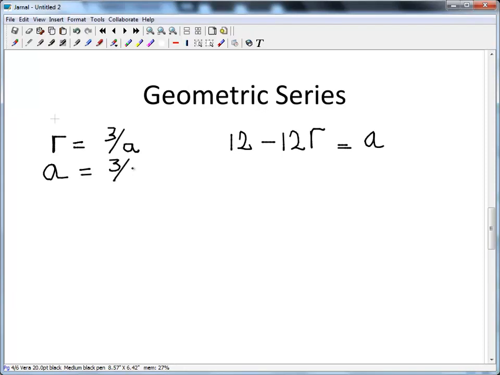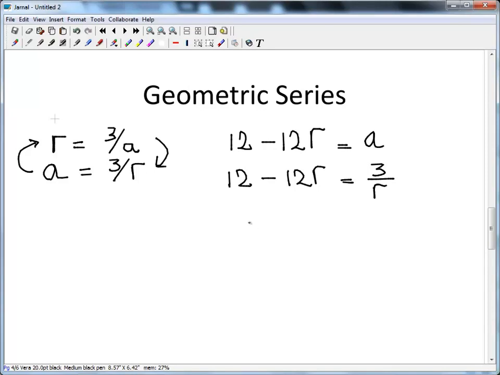That might help things speed up a bit. These two expressions are just re-expressions of each other. So let's put in a there: 12 minus 12 times r equals 3 divided by r.